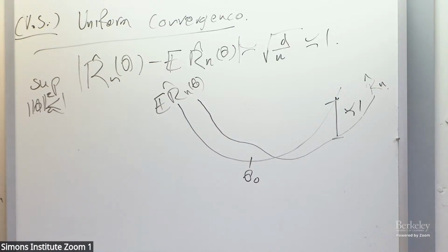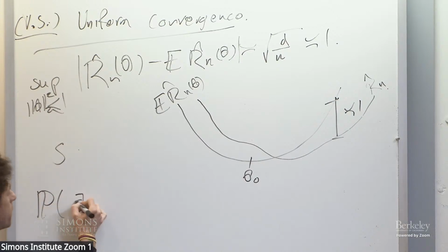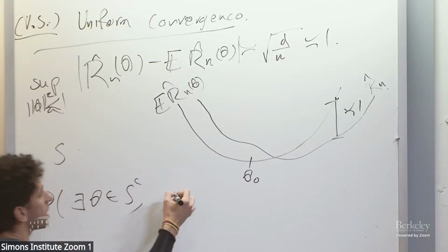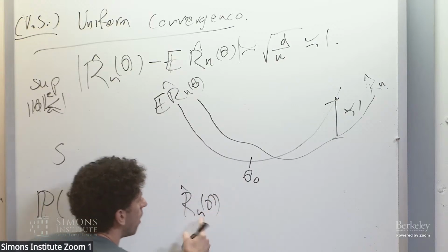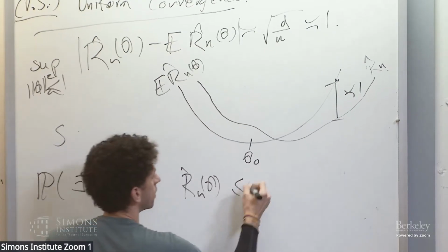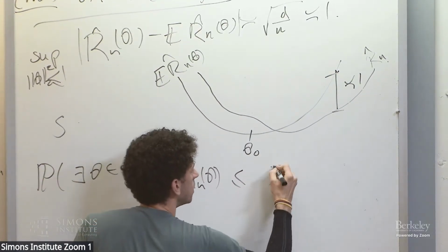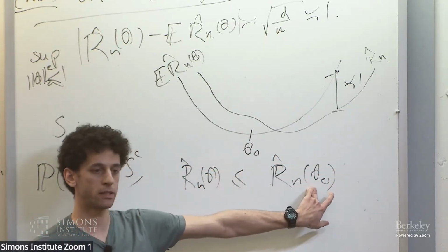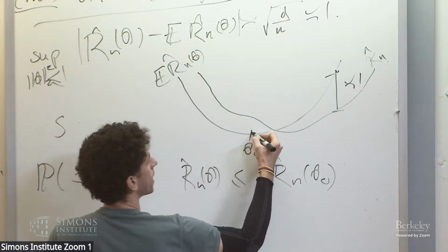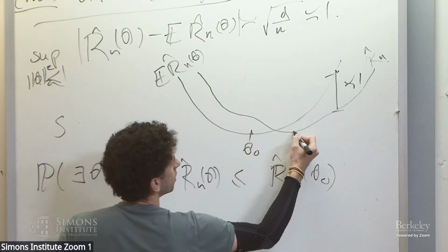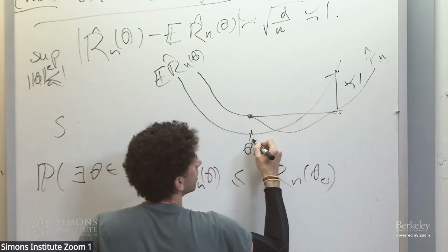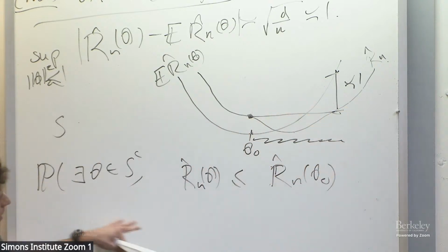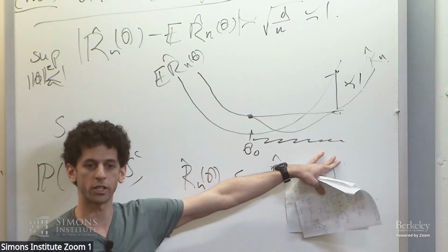Okay. So now if I try to do something similar here, to find some set S such that the probability that there exists a theta in S complement satisfying some condition on this, say for instance, compared to the population minimizer, I need to take this set S to include everything here, which is quite a large set.